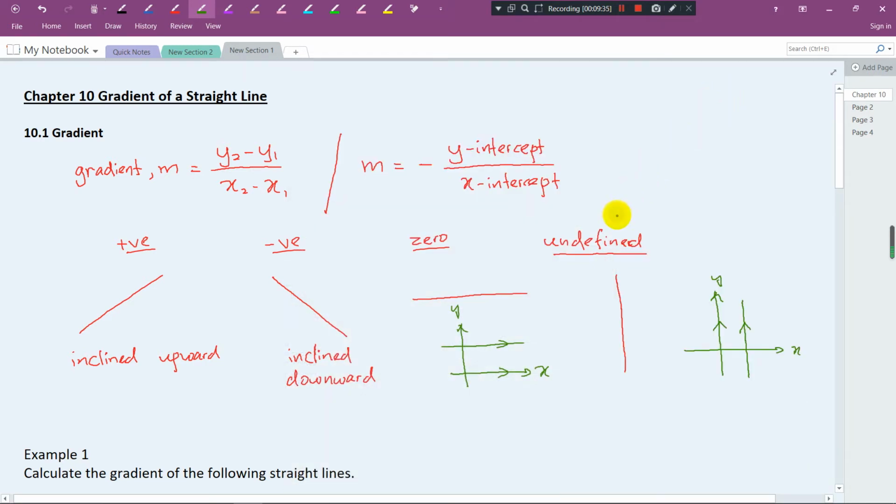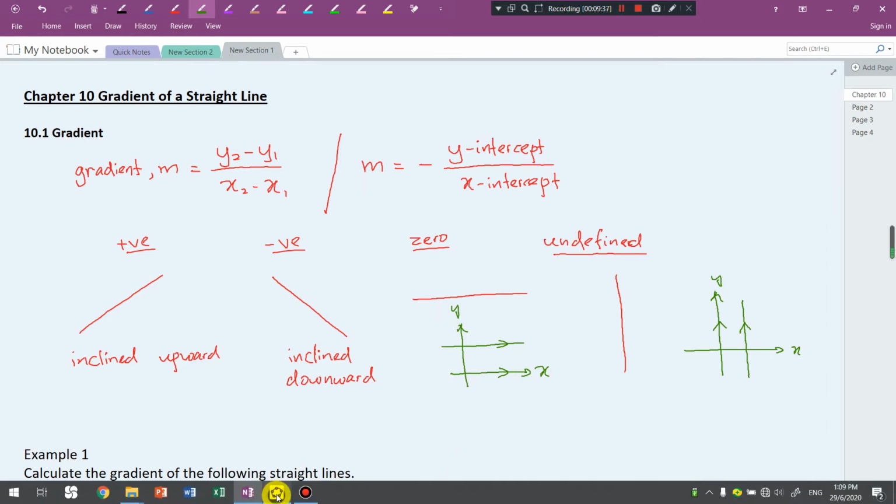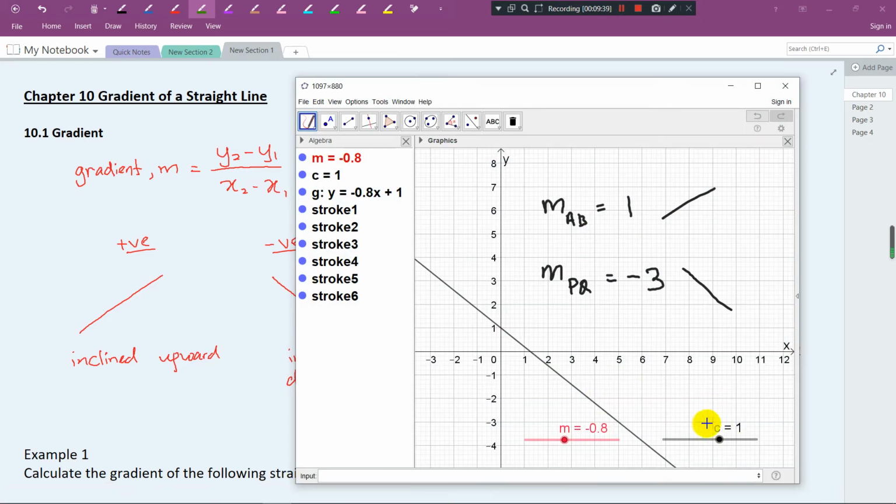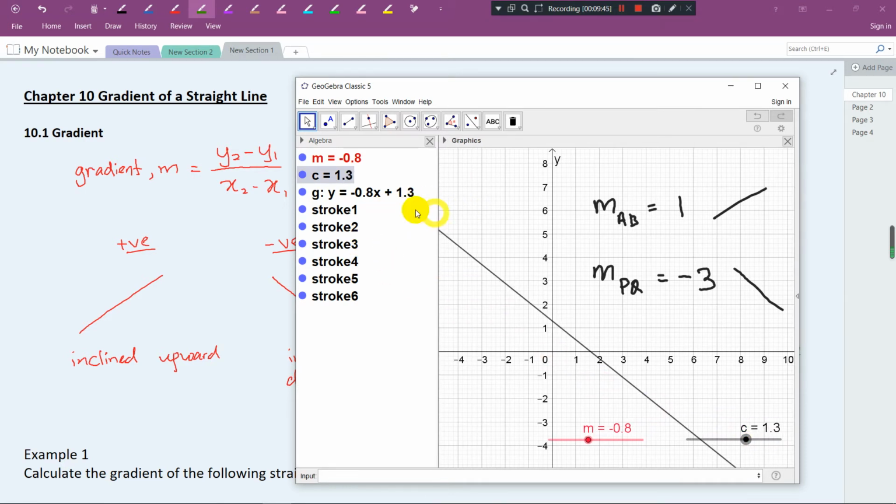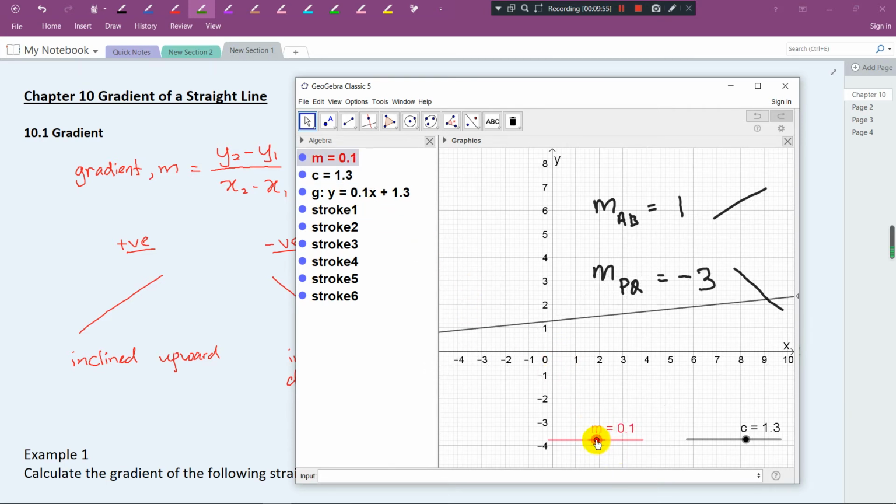Okay, now, since I have a C for you here, I just show you why it's a C. You look at this equation, y equal to mx plus c, and this part is the gradient. You see, this and this are always the same. This is the gradient.